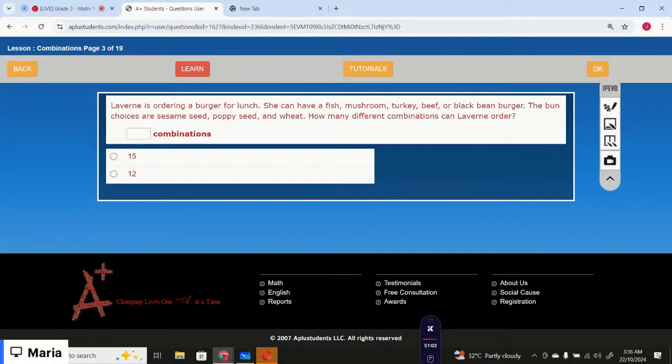The next one is Kai is ordering a burger for lunch. She can have a fish, mushroom, turkey, beef, or black bean burger. The bun choices are sesame seed, poppy seeds, and wheat. How many different combinations can she order? Which is the correct option?